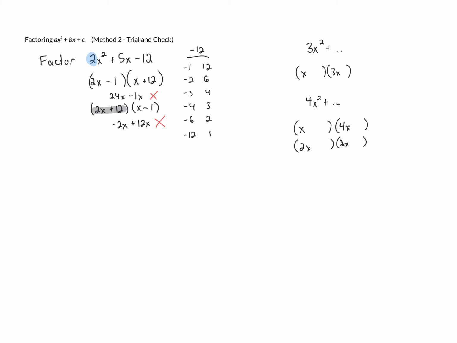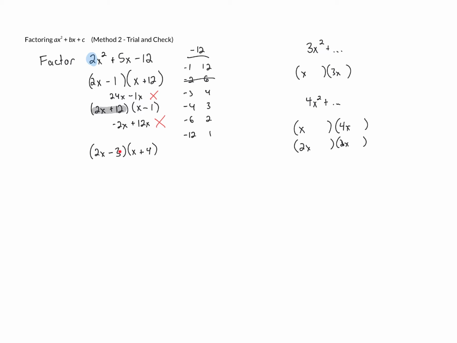So we can eliminate a lot of possibilities here. So let's continue and see if we can figure it out. So we've got 2x and x. Now if we look at this negative 2 and 6, neither of these are going to work, because if we put a negative 2 or a 6 here, both of those are divisible by 2, and we're going to have a GCF when we know we shouldn't. So we can get rid of those. If we've got the negative 3 and 4, we can pair the negative 3 with the 2x.